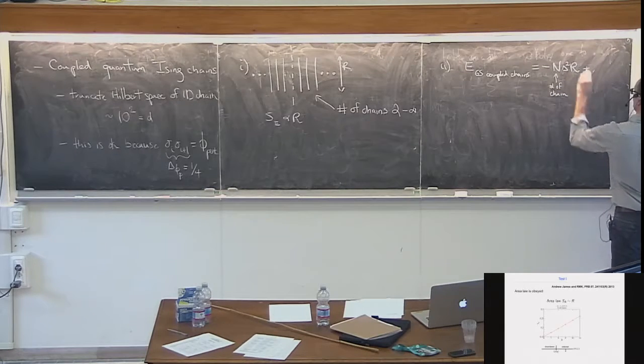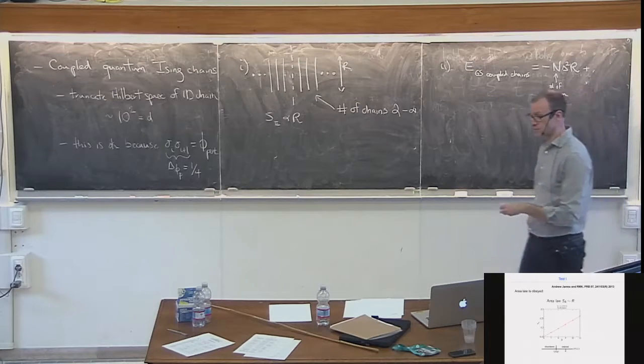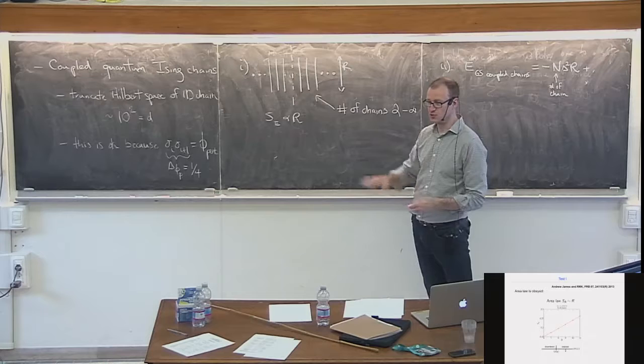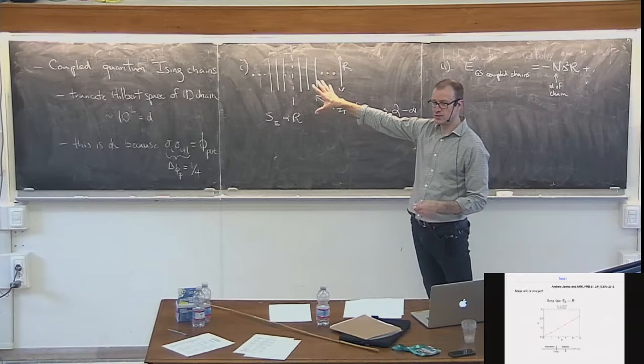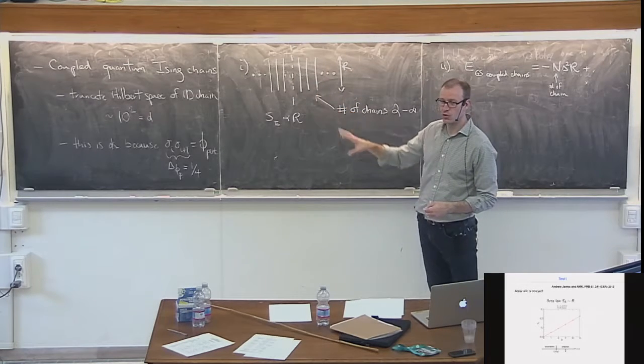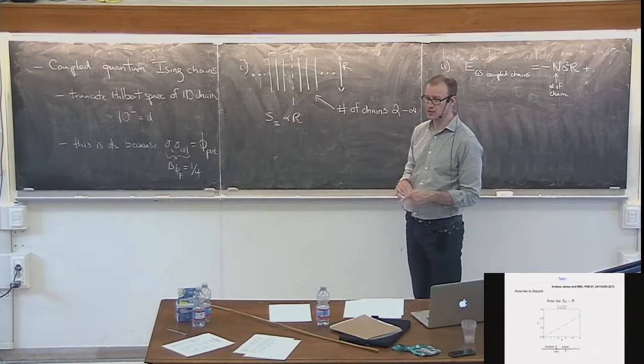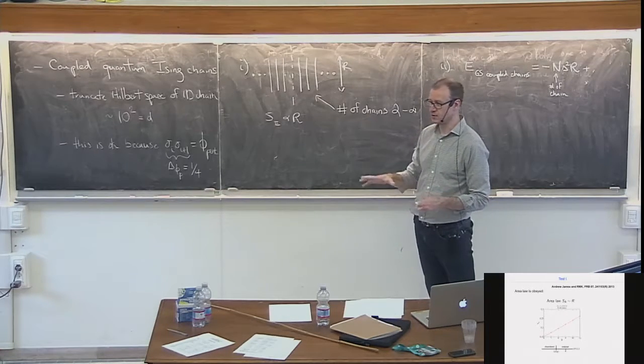And then, there are two ways of viewing this coupled chain system. You can view it as some 2+1 dimensional system, or you can view it as some weird one-dimensional system with many degrees of freedom that are coupled in a very peculiar way.